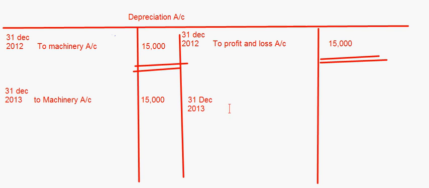So there is no balance here, right. Whatever is the amount of depreciation, that is directly transferred to the profit and loss account. Sorry, this is 2013, 31st December 2013. Again you will have to machinery account, and again the amount of depreciation, in our case it was the same. So 31st December 2013, here it will be again to profit and loss account, 15,000, right. So this is the depreciation account for 2 years.